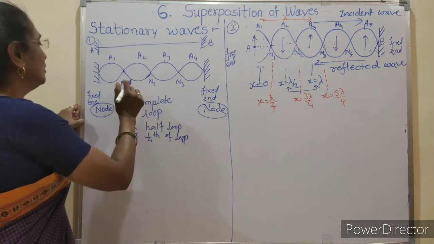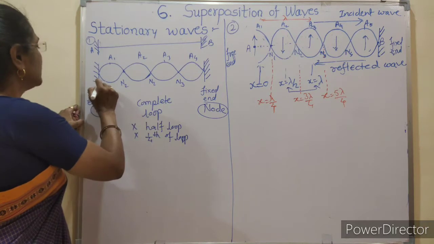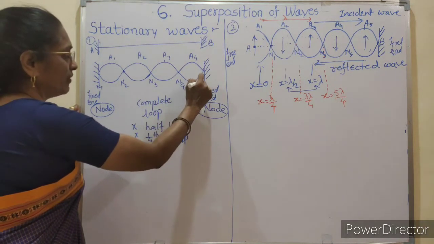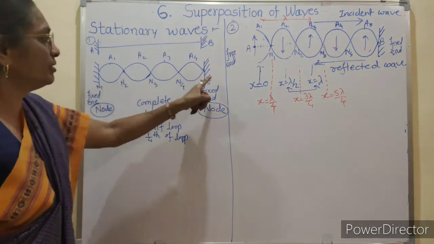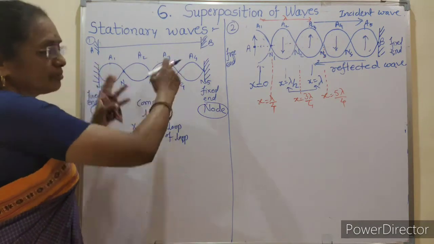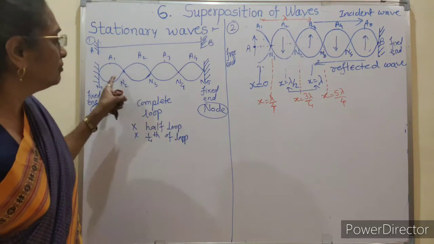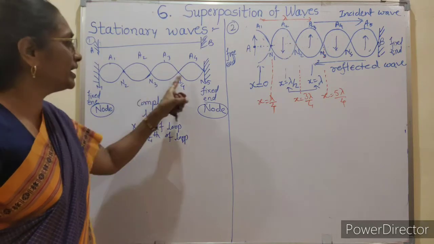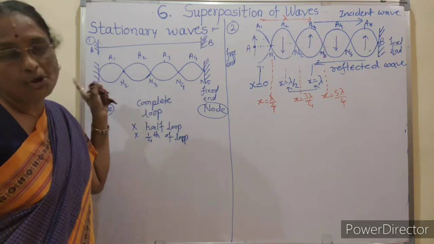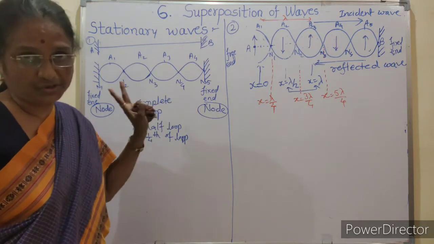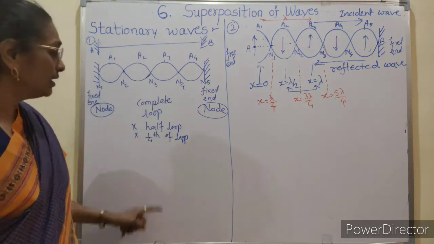These nodes can be denoted by first node as N1, N2, N3, N4, N5. So 5 nodes are there, 4 antinodes are there, all other particles are vibrating with some energy. Such situation we can explain or observe on the stretched string between two fixed points or fixed ends, and complete loops are there.